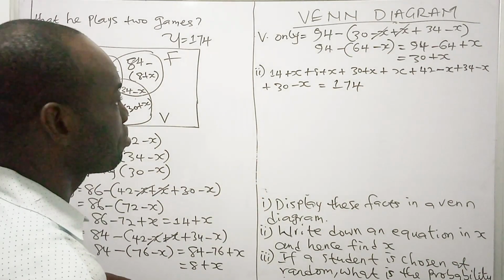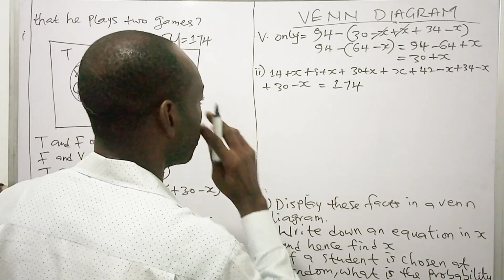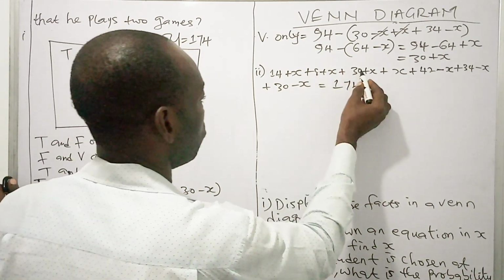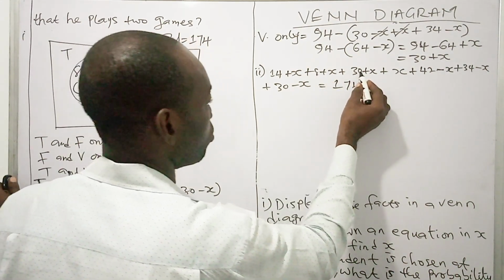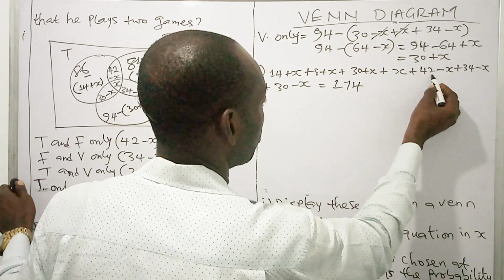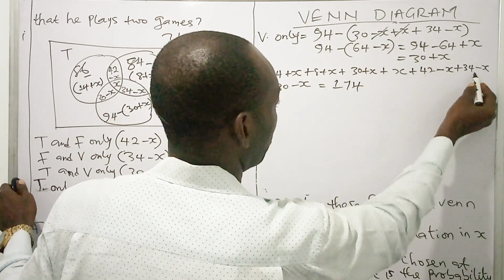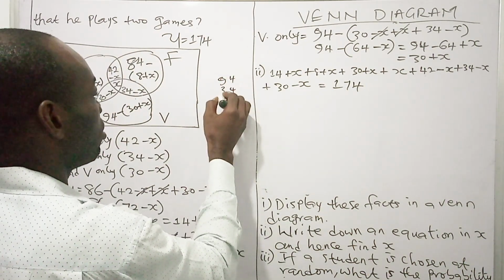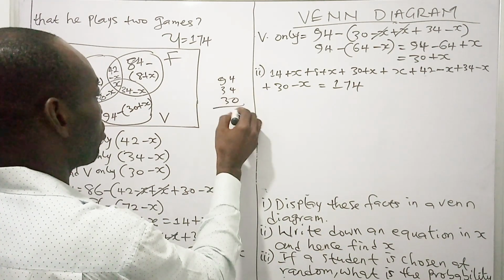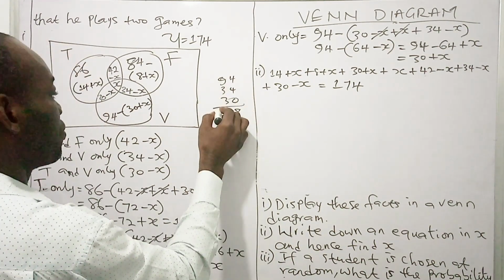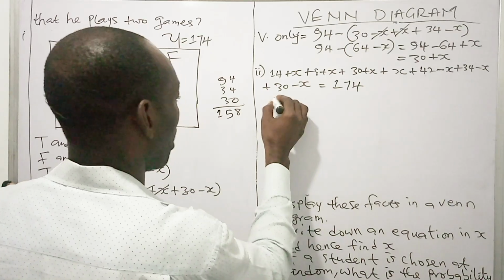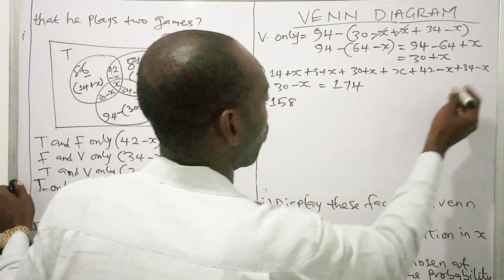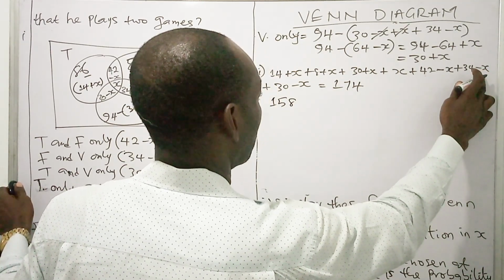Okay, now from here, we'll simplify further. 14 plus 8 will give us 22, plus 30 that's 52, 52 plus 42 will give us 94, 94 plus 34, and also plus 30, that's 158. So we have 158.